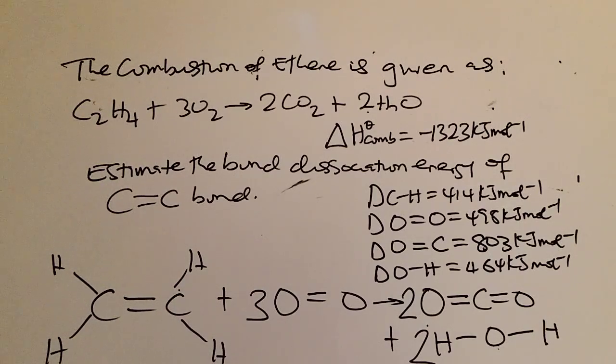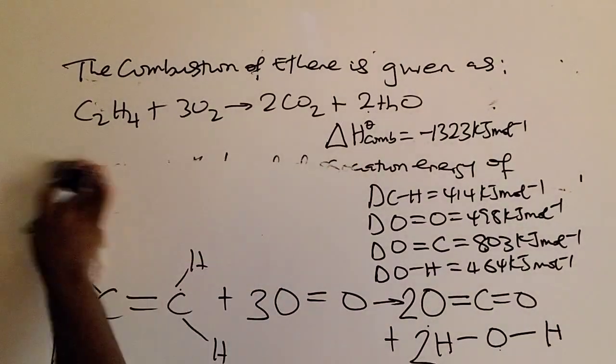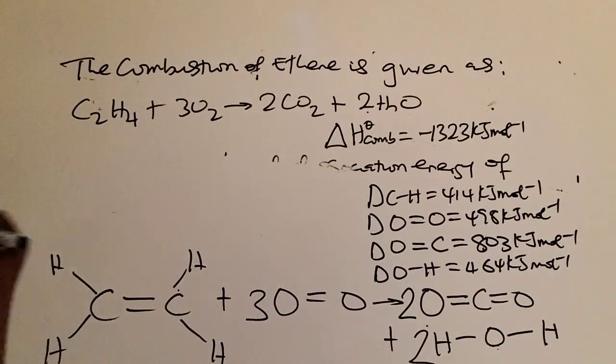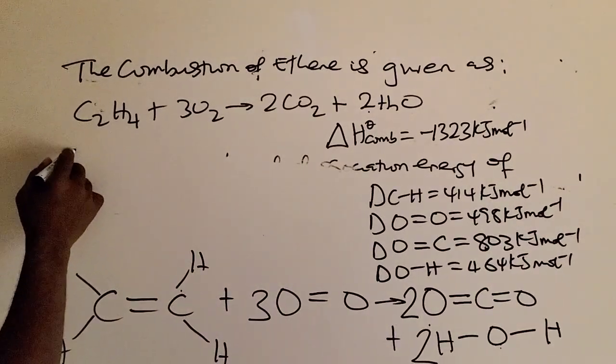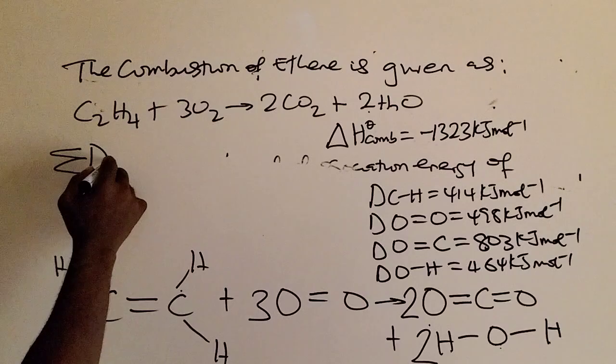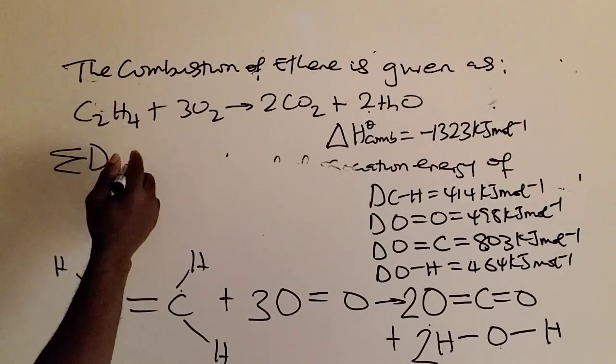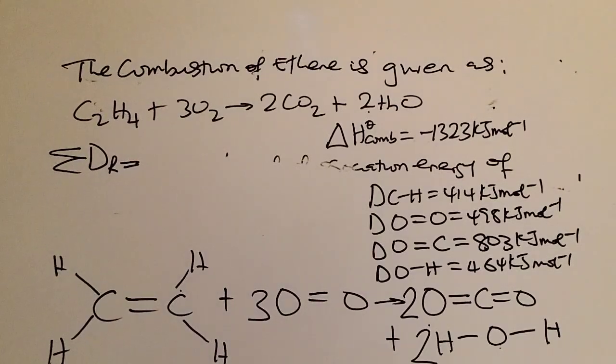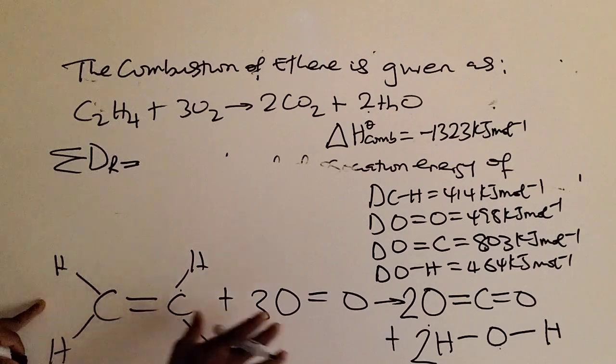So having done that, we can now start calculating without waste of time. We have to write on the board and make use of a part of the board. So we now find the summation of the dissociation energy of the reactants. They call it R, so I don't write so much. That R stands for reactants. The reactants include this, and we're going to add the bond energy of this and that.